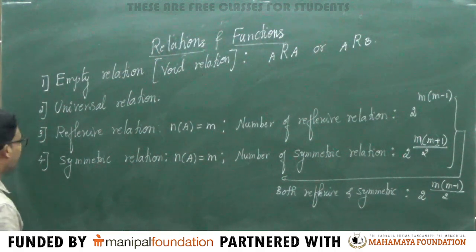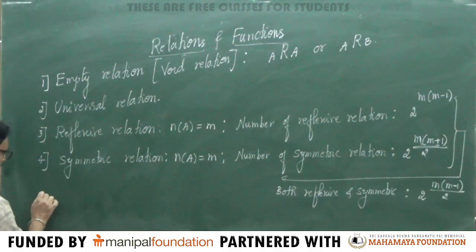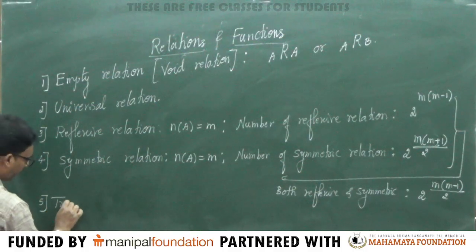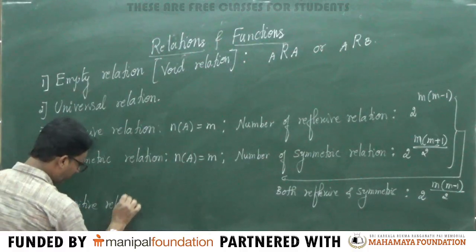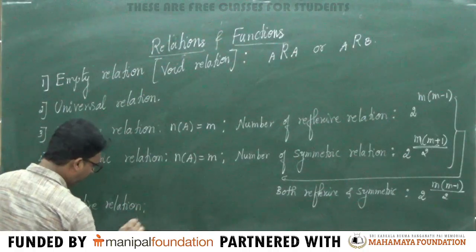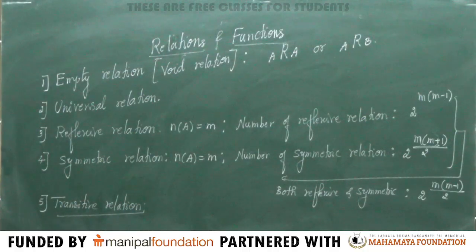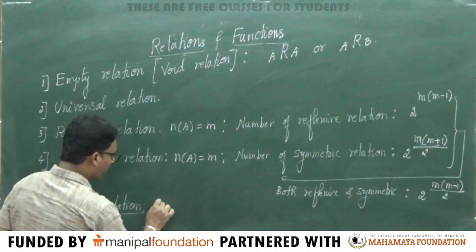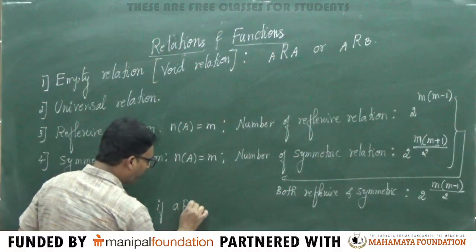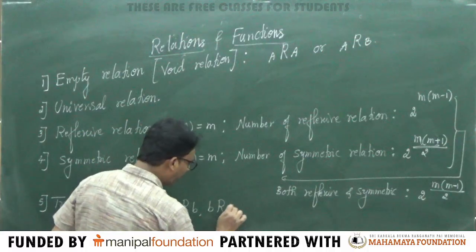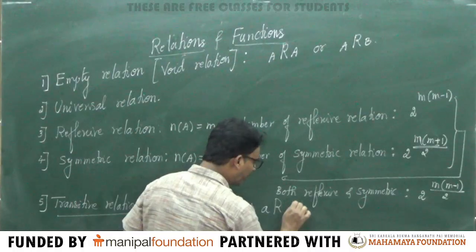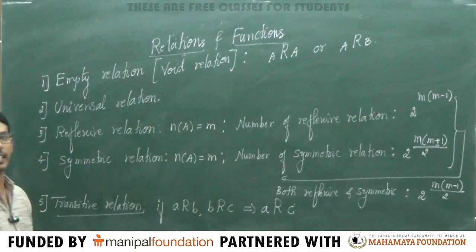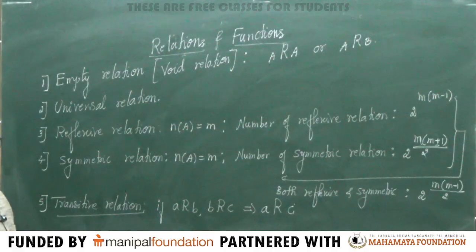Next one is transitive relation. If a is related to b and b is related to c, which implies that a is also related to c, then we will say that the relation R is transitive, otherwise the relation is not a transitive relation.